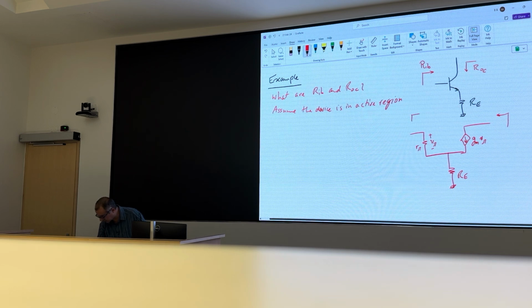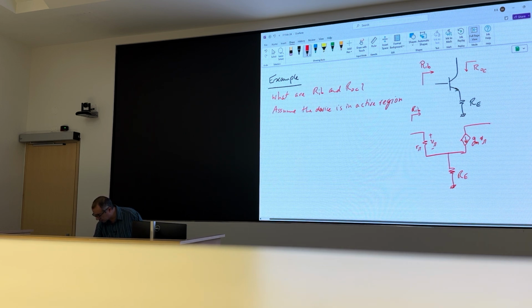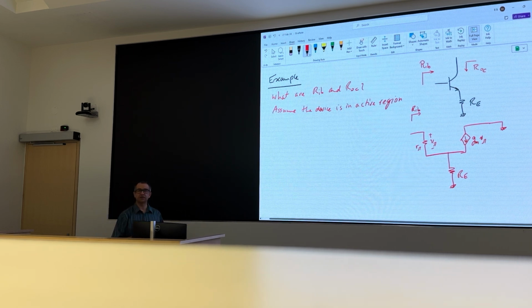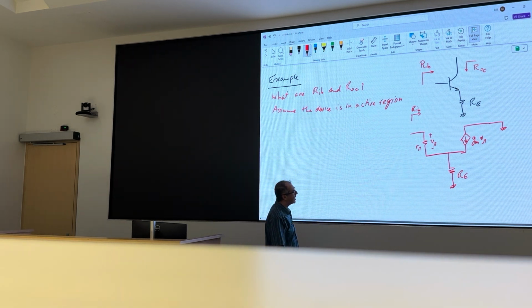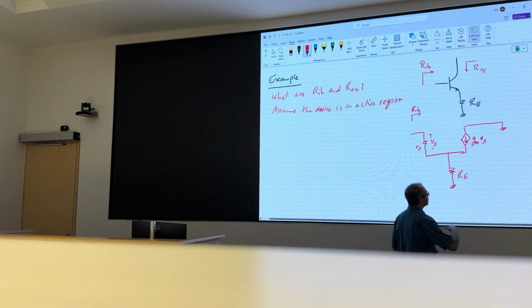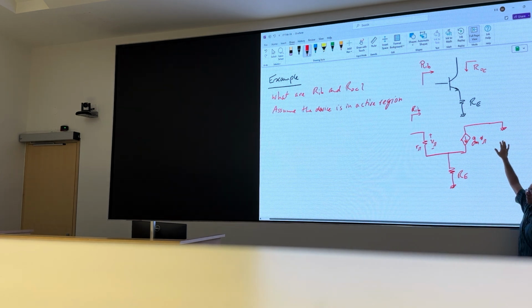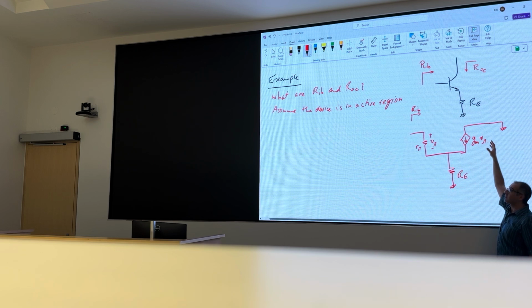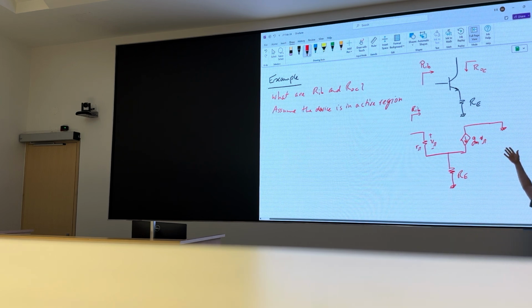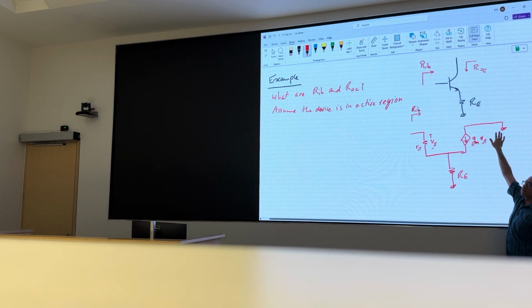I want to figure out what is R_IB when I look into the base of the device. So for now, I'm going to connect the collector to ground, because I'm not interested in that part for now. It really doesn't matter what I have on the collector side, whether a short circuit or some resistor.